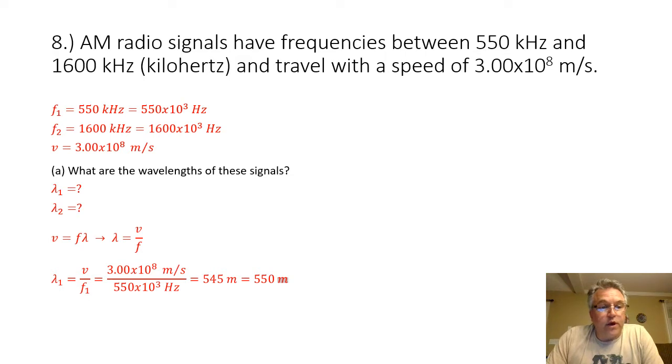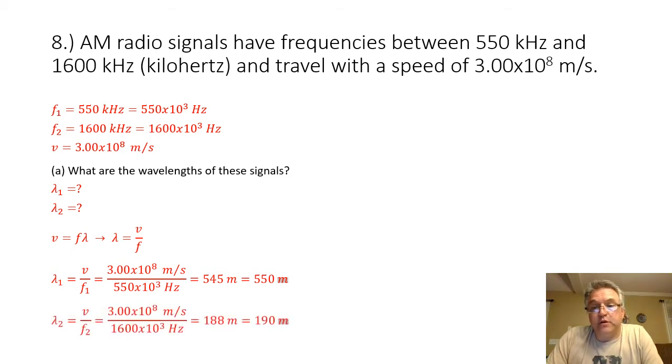So for the wavelength of my 550 kilohertz frequency, it is going to be my value for the speed, which is 3.00 times 10 to the 8th meters per second, divided by 550 times 10 to the 3rd hertz, and that is going to give me a wavelength of 545 meters, or 550 meters rounded to two significant figures.